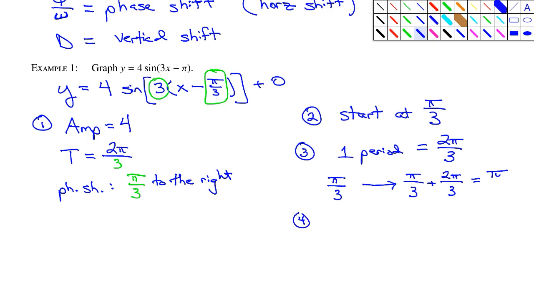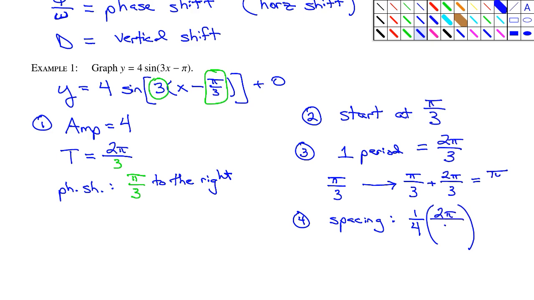Finally, I want to look at the spacing. Some texts, and our text does this, call this the key points. How far apart are these key points? Well, we know that we can break up a sinusoid into fourths. There's the part where it goes up to the max, and then it goes from the max down to the median, from the median down to the minimum, and then from the minimum back up to the median. What is the distance between each of those key points and the lengths of those particular segments?